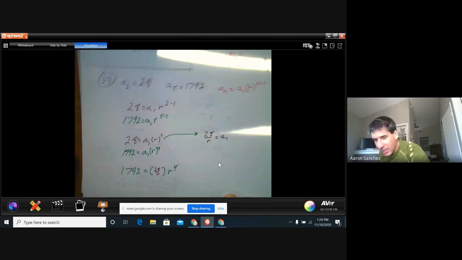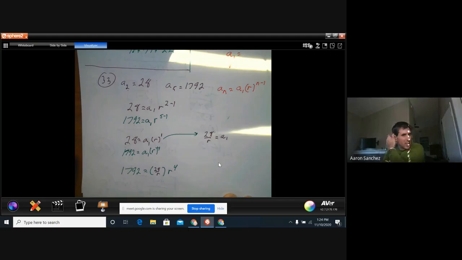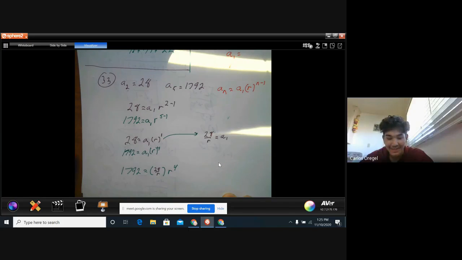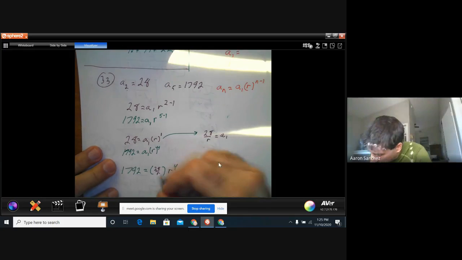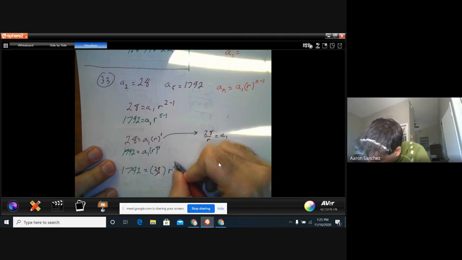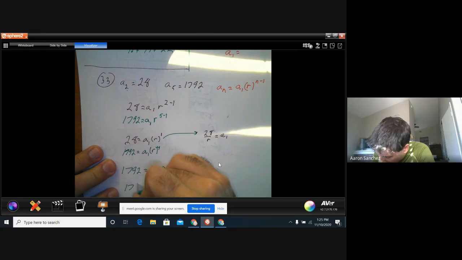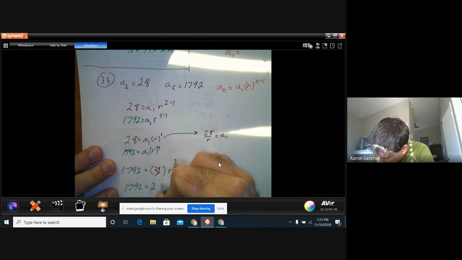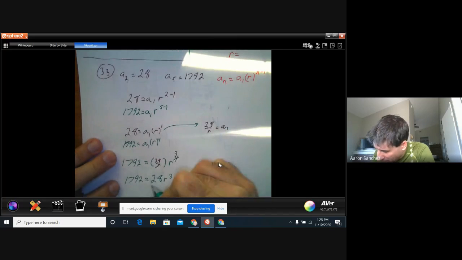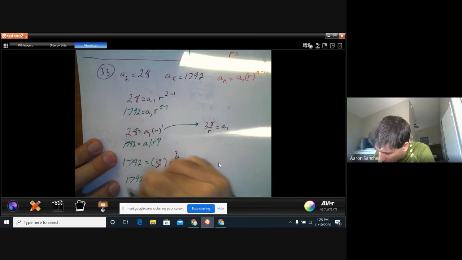Since I substituted it, it gets rid of the a sub 1, and now I'm able to solve for my r, which is what I want, right? Carlos, you good so far? Yeah. So now these are going to cancel out, and this becomes r to the 3rd. So it's 1792 equals 28 r to the 3rd. Divide by 28 to solve for r.